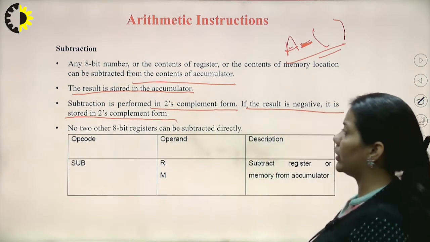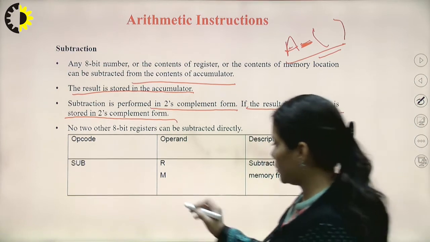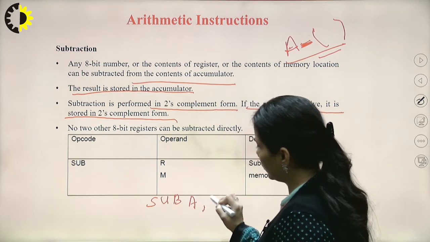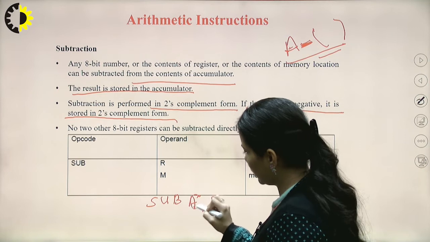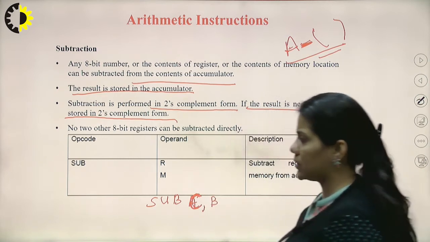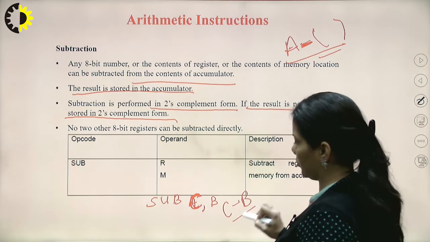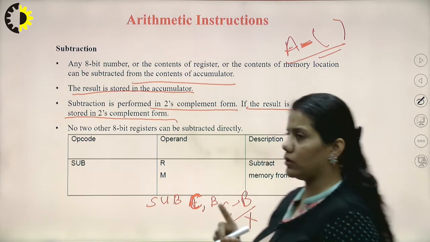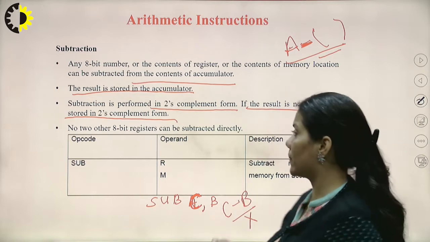No two 8-bit registers can be subtracted directly. So we cannot write SUB A, B, or SUB C, B; this cannot be performed. By default, one of the operands is accumulator only.